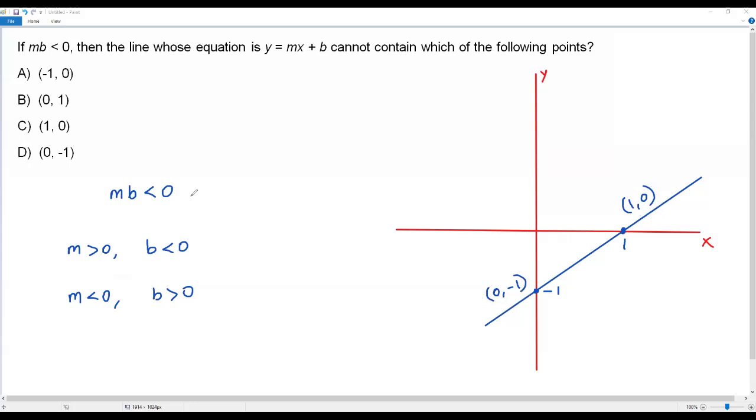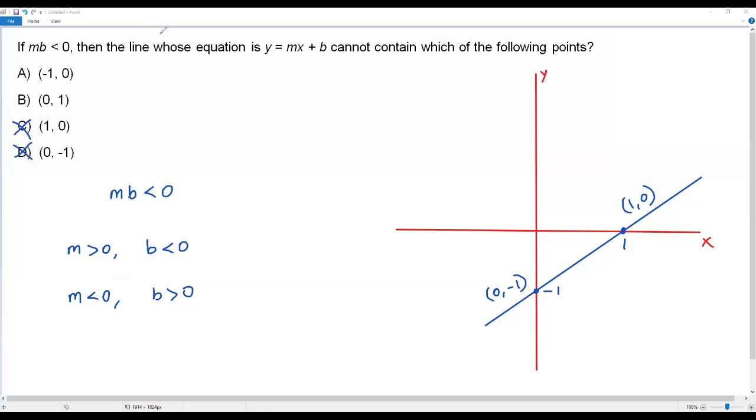We find (0, -1) in option D and (1, 0) in option C. But actually we have to find the point the line cannot contain. According to what we have done so far, the line can contain these two points, so we can reject options C and D.